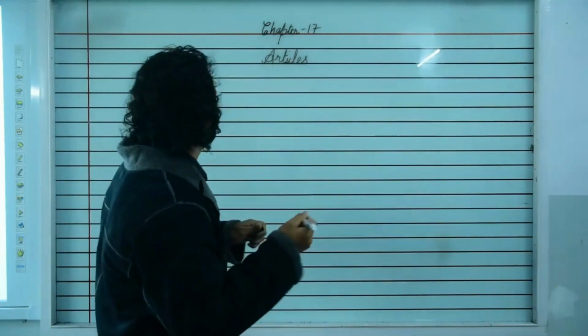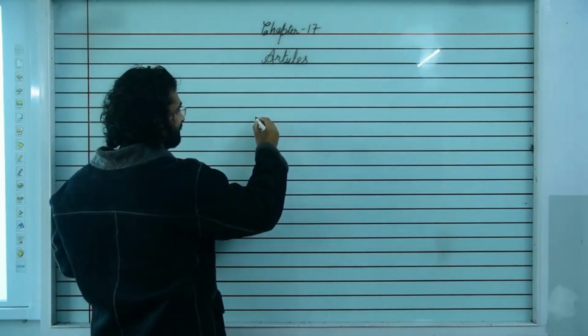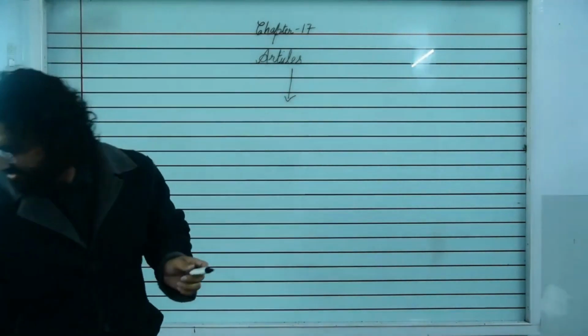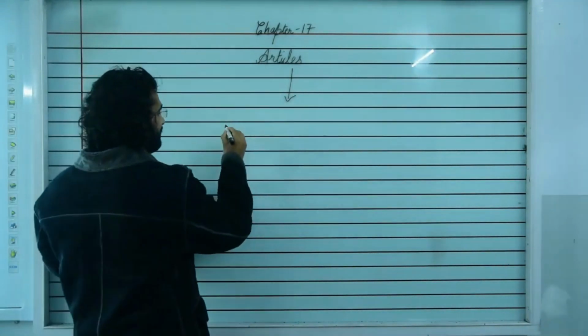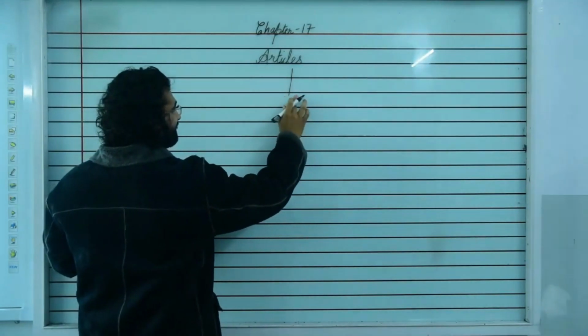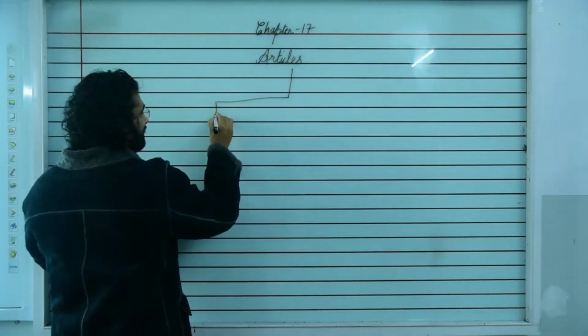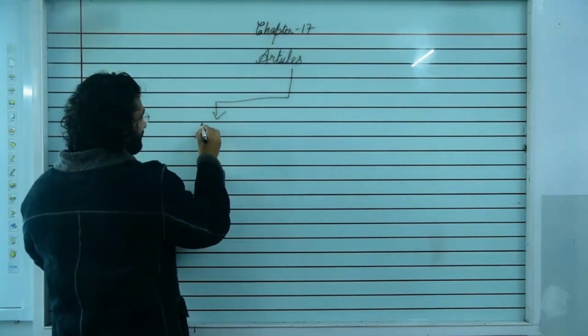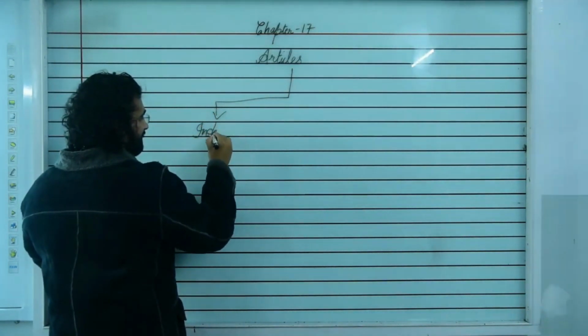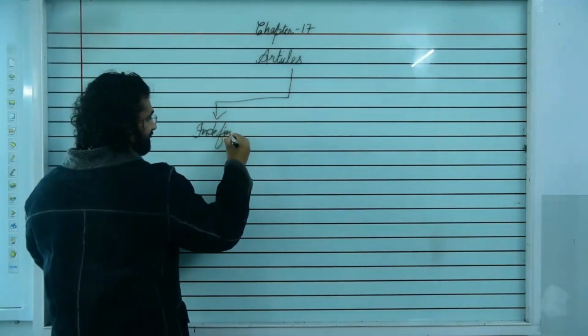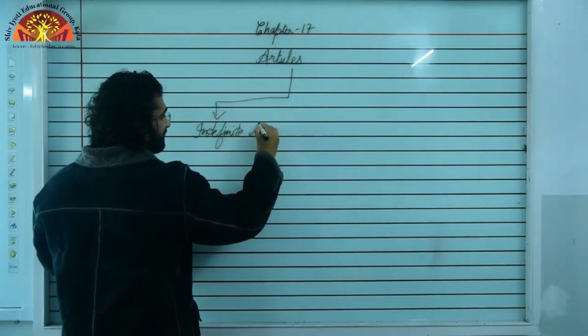I'm going to write all this on the board for you. Articles can be categorized in two categories. See it like this. If you want, you can anytime pause the video and draw this chart yourself in your notebook. Indefinite articles.